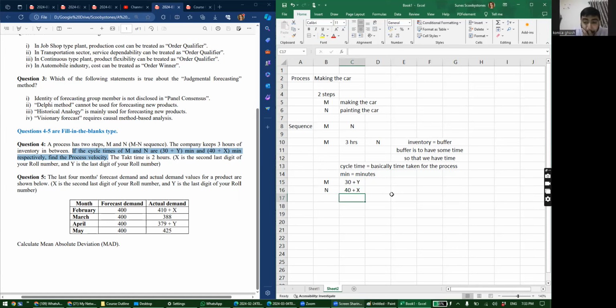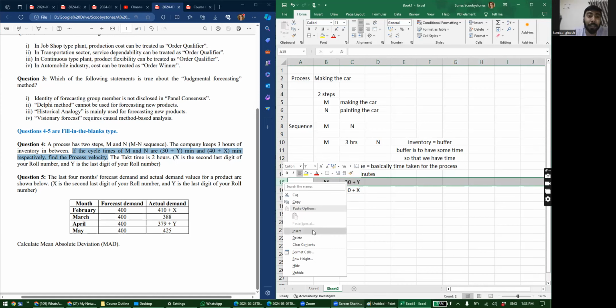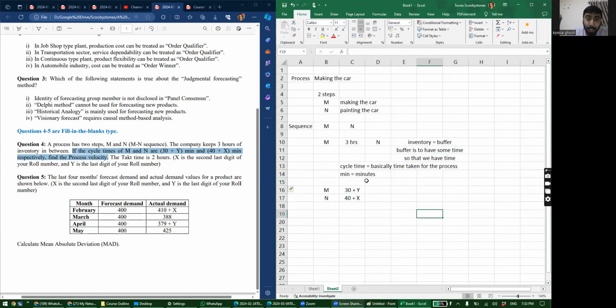Now see, everybody will have a different answer for this question, depending on the roll numbers. Assume we put the same: X equals 5, Y equals 8. Perfect. So now we know what M and N are. This is 48. Should I write minutes?